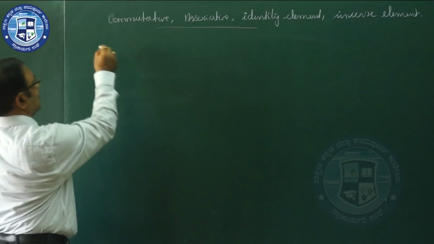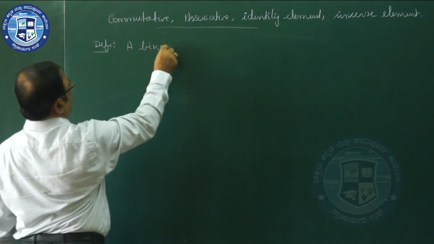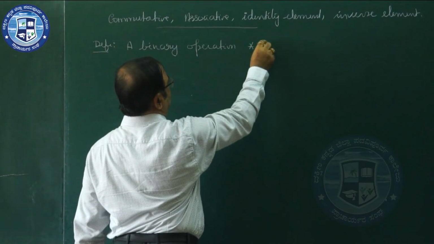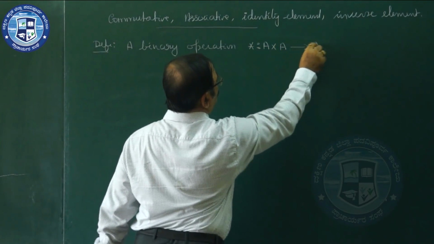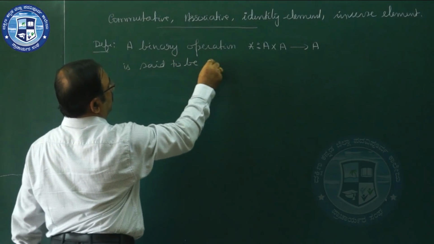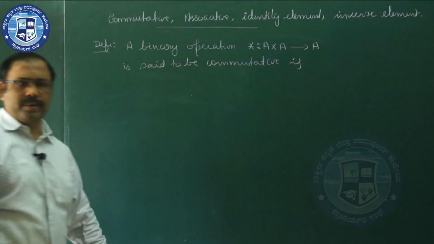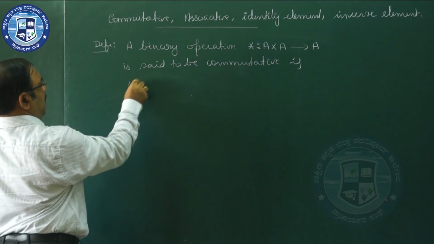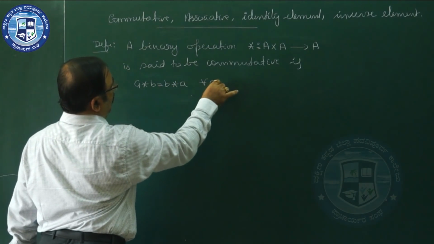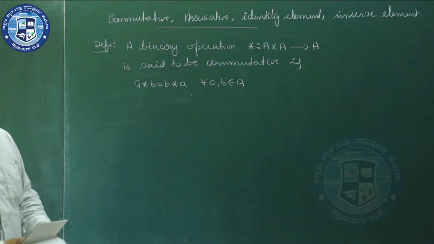Now let us consider the definition of commutative. A binary operation star from A cross A to A is said to be commutative if A star B is equal to B star A for all A, B belonging to A. Students, just note down this definition.